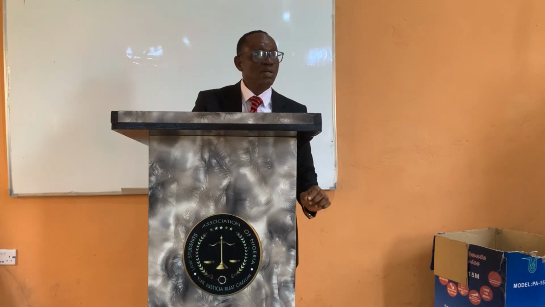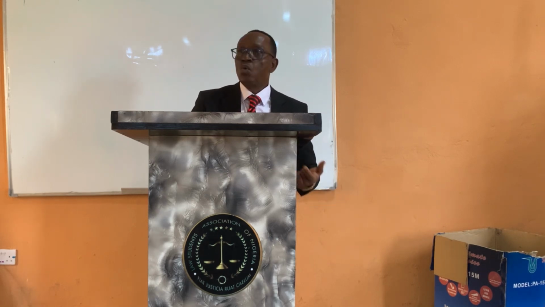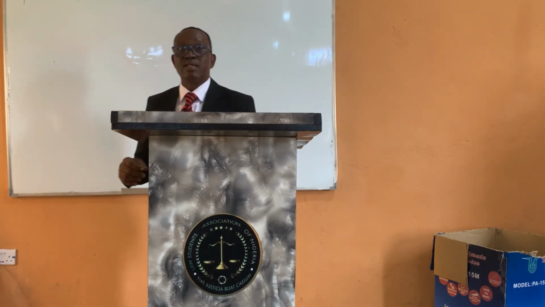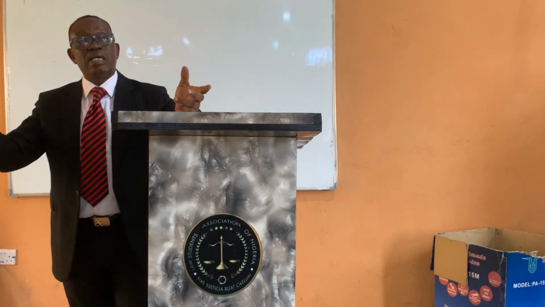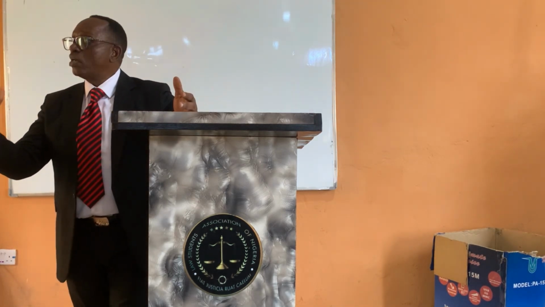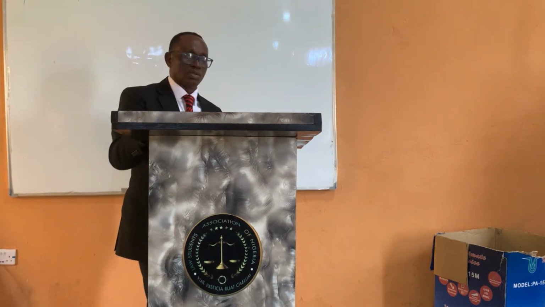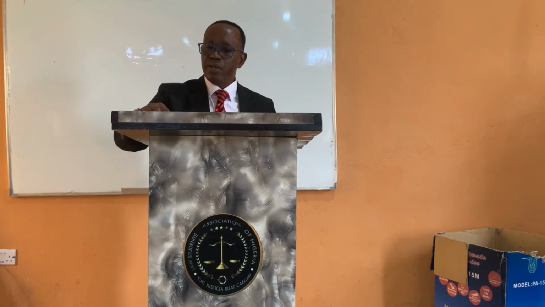When you have served a notice to produce and they have not produced it, you need what? Secondary evidence. When you want to rely on computer-generated evidence, your mind should be telling you section what? 84 of the Evidence Act. Make sure that you establish all those conditions for whatever they are worth. So those are the things that will guide you.